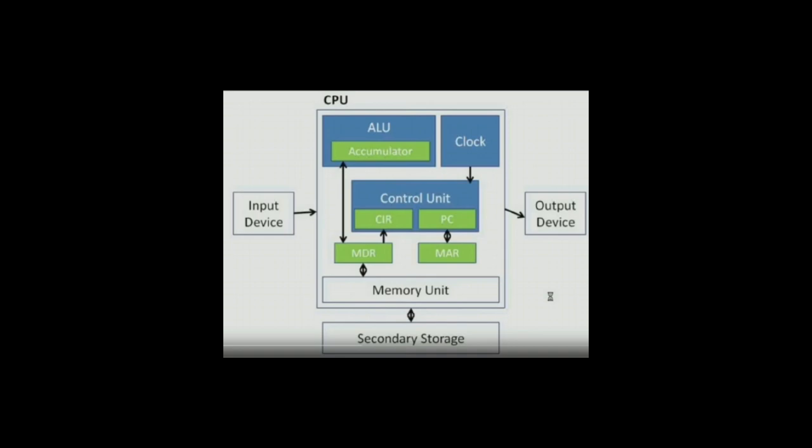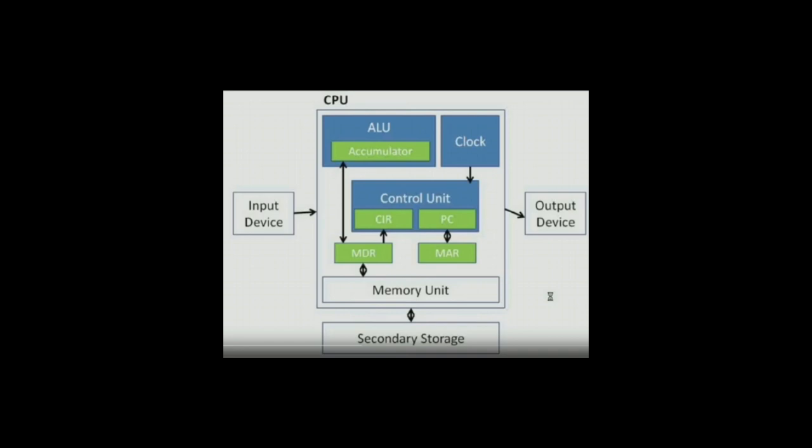Similarly, when the CPU wants to write data to memory, it sends the data to the MDR. The MDR holds the data until the memory unit is ready to receive it. The memory unit then stores the data in the memory location specified by the address sent by the CPU.